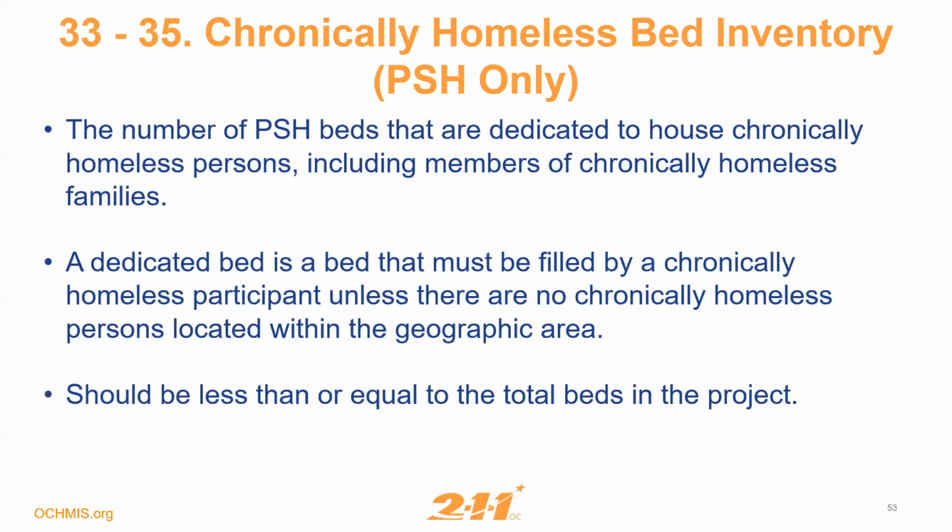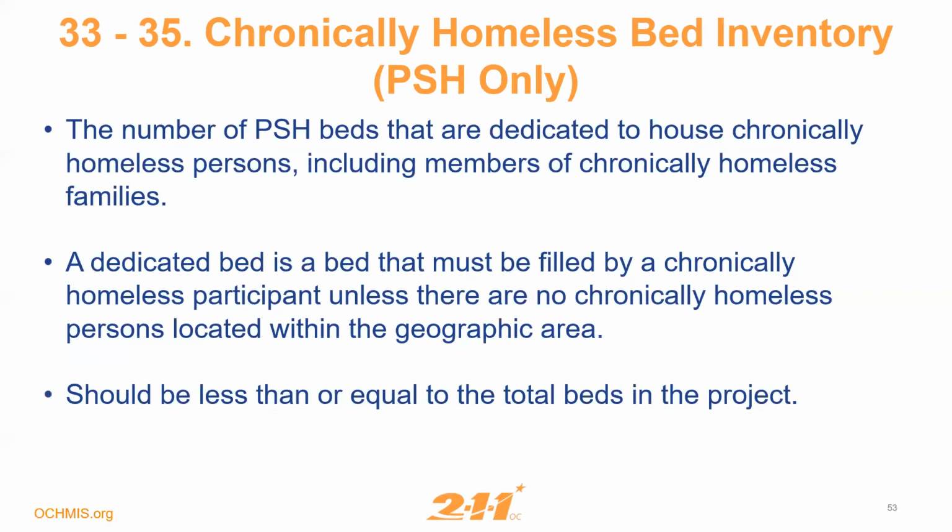So 33 through 35 asks for the number of PSH beds that are dedicated to house chronically homeless persons, including members of chronically homeless families. And these are dedicated beds. So a dedicated bed is a bed that must be filled by a chronically homeless participant unless there are no chronically homeless persons located within the geographic area.